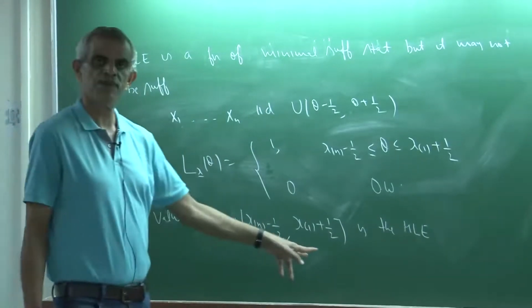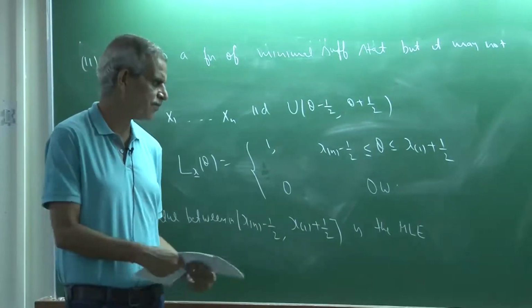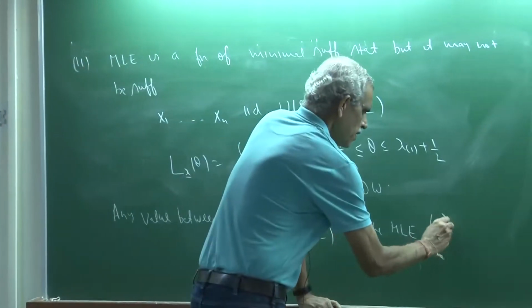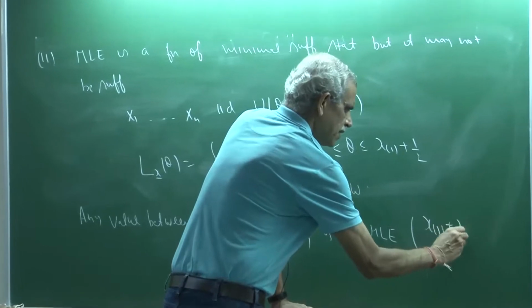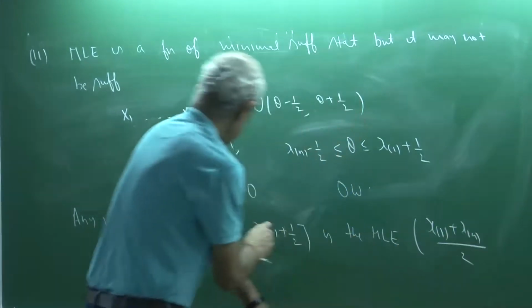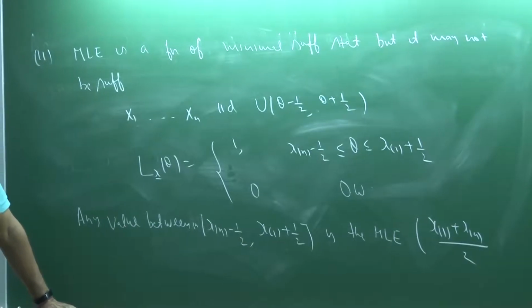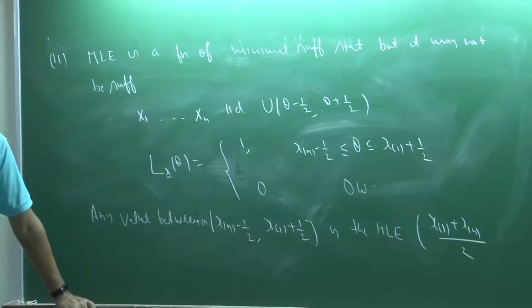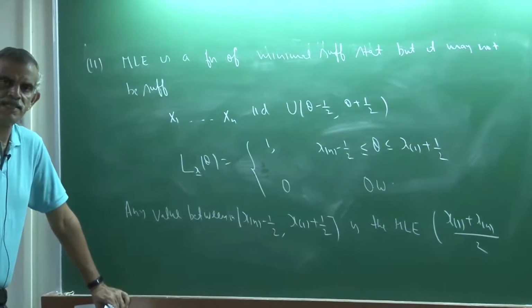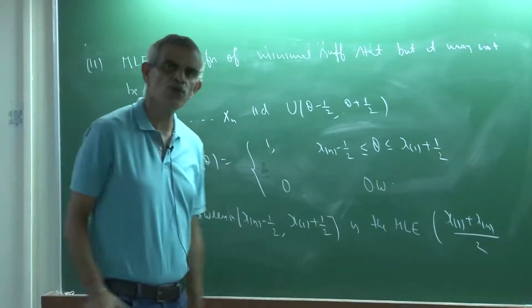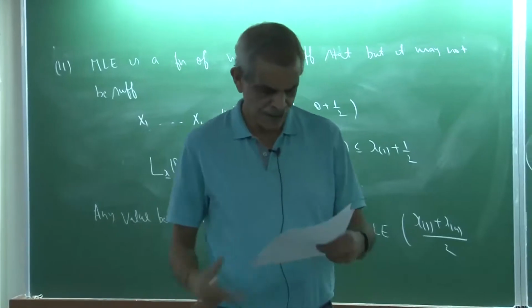In particular, (x1 plus xn)/2 is an MLE, because (x1 plus xn)/2 lies in this interval, (b plus a)/2. It is clearly a function of the complete minimal sufficient statistic x1 and xn, but (x1 plus xn)/2 itself is not sufficient.